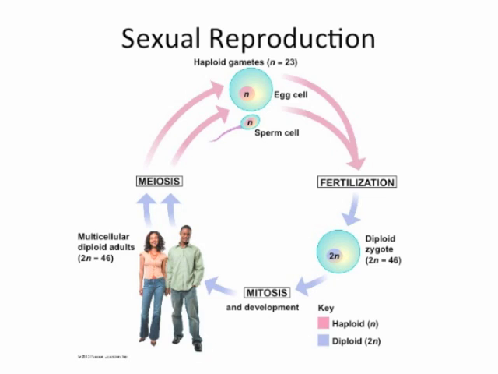So this is what the human life cycle looks like. You've got adult males and females, and only cells in the reproductive parts of their body are going to undergo meiosis. In females, they're going to produce an egg, and in males, they're going to produce sperm. A sperm cell and an egg cell each have 23 chromosomes.